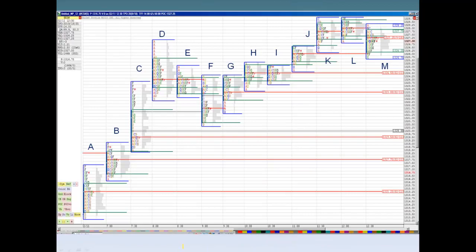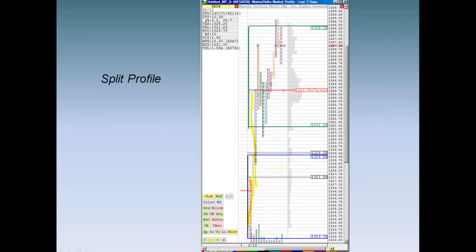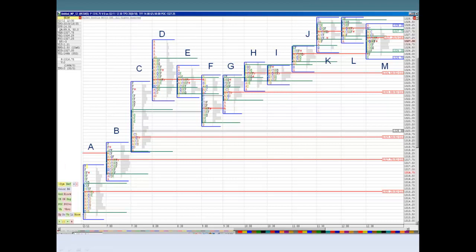So this is the same exact image that we were just looking at. Let me go back to it. So here's my split profile, but now I am going to look at it with a microscope. Each of these periods is still a half hour, and so this is a glimpse of what happened during the half hour, a small mini profile, if you will, and each rotation in this profile is really 5 minutes.